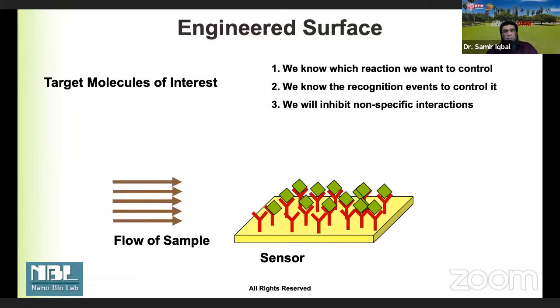We have done not just binding, we have done a little bit more, where we have done nanotexturing of the surfaces, which gives us very high selectivity to remove tumor cells from a flowing solution. And that's where we can not just capture those cells, but then go a step further and look at the behavior of the cells.